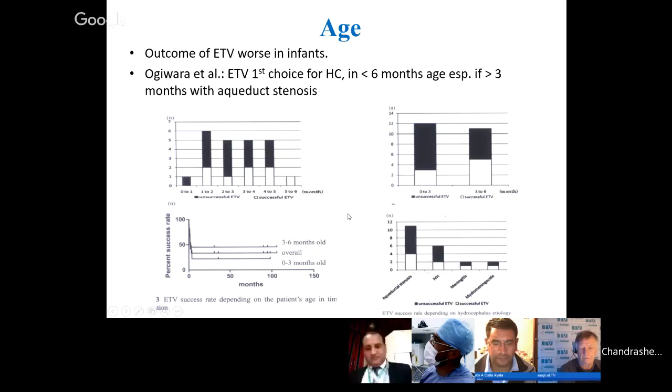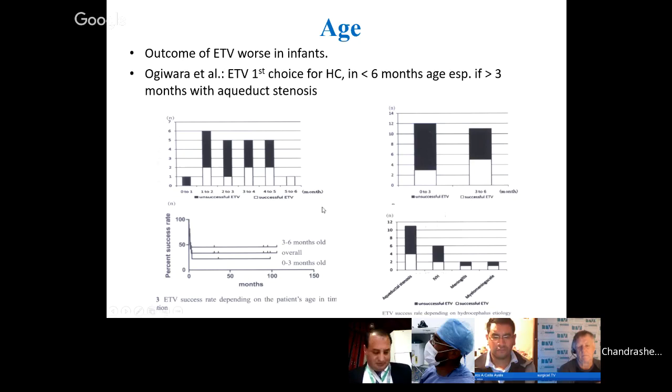Age as an independent factor has been studied, I think, the most extensively. Recently, the IFNE has produced figures for an international study on the age of the patient and recommends that ETV can be safely and more effectively done above the age of 6 months.